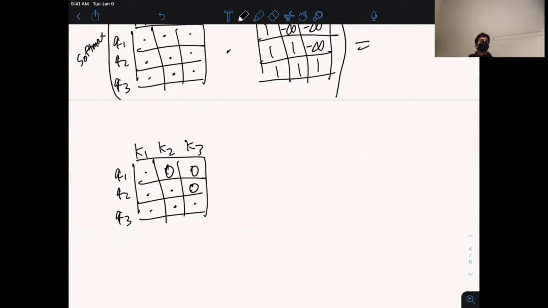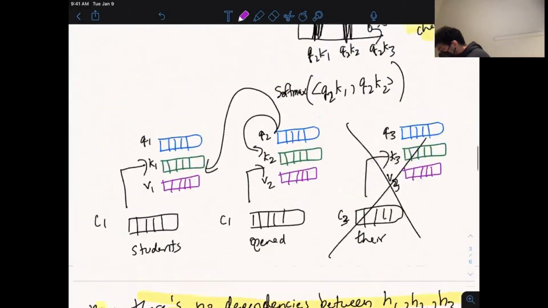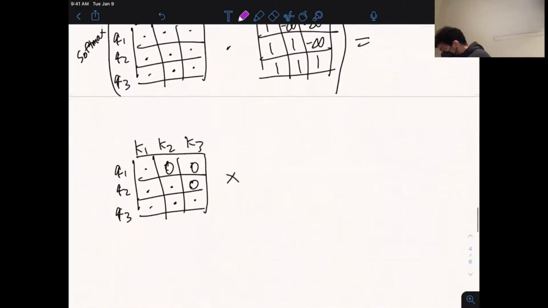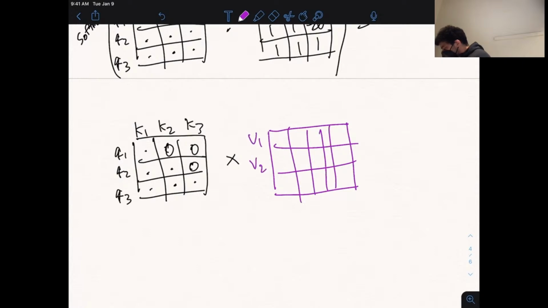Now, how can we use this to compute all of the H1, H2, H3 in parallel? It's pretty straightforward. All I have to do is take the matrix product between this thing and our value vectors, V1, V2, V3.